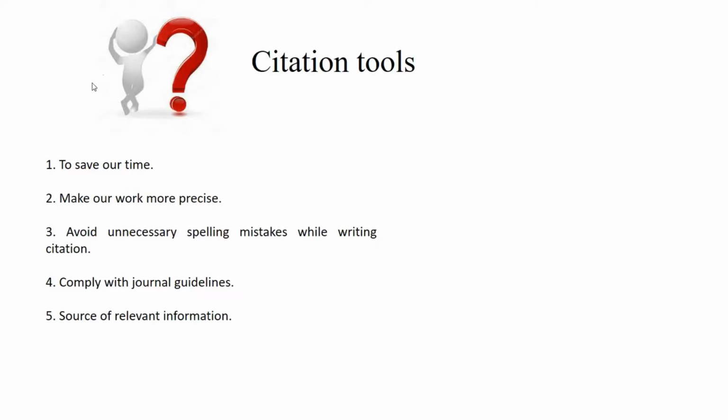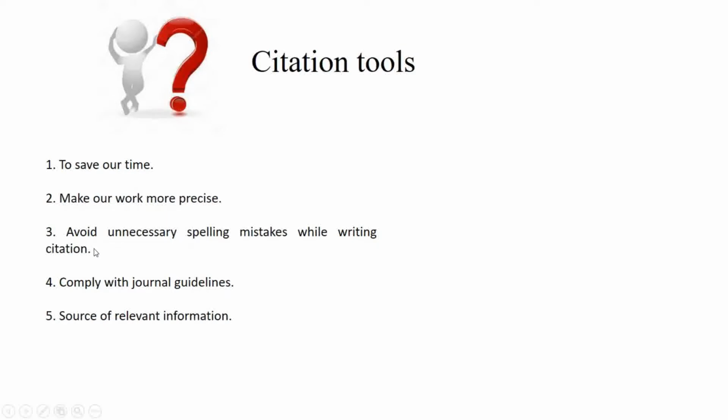Sometimes you are supposed to highlight the year or the name of a journal or the title of the article, and you skip that. So there is high potential of you making mistakes. This Mendeley software improves the precision.